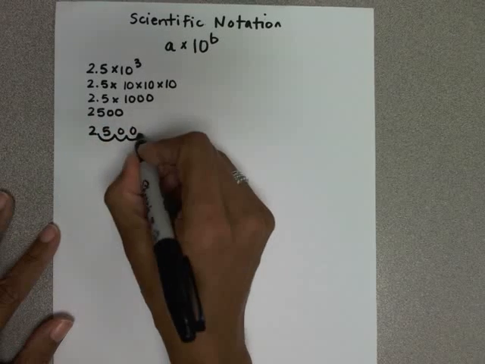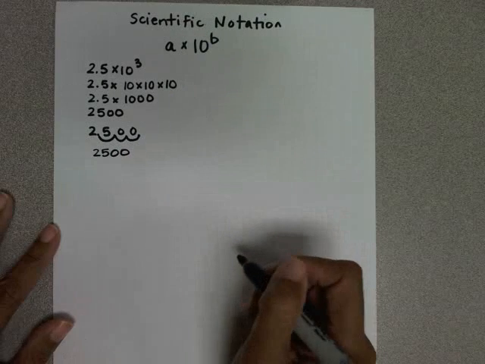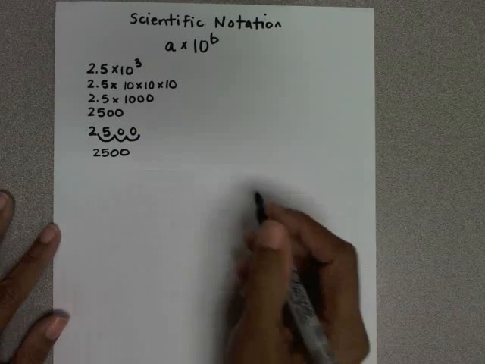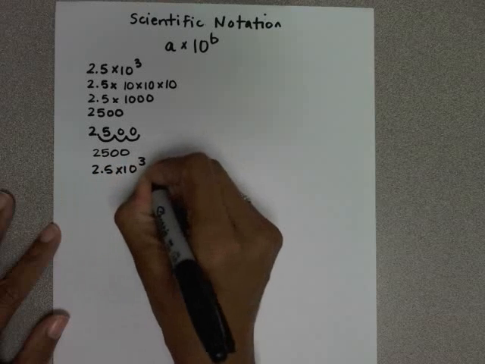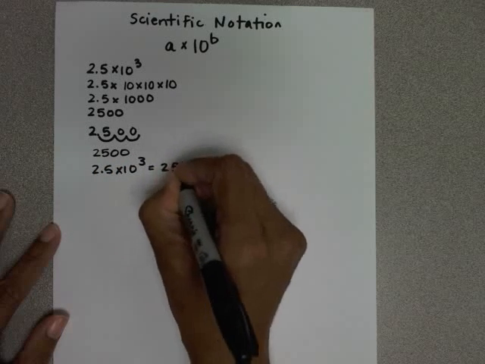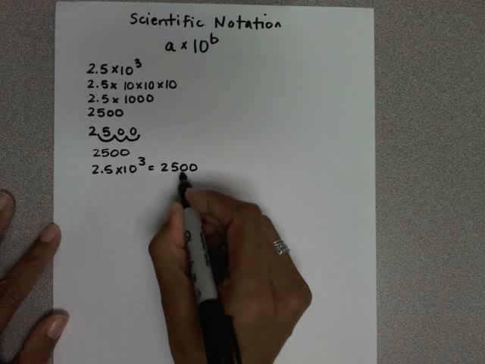So that new decimal place is here, and in standard form that number is 2,500. So 2.5 times 10 to the third power equals 2,500. Scientific notation, standard form.